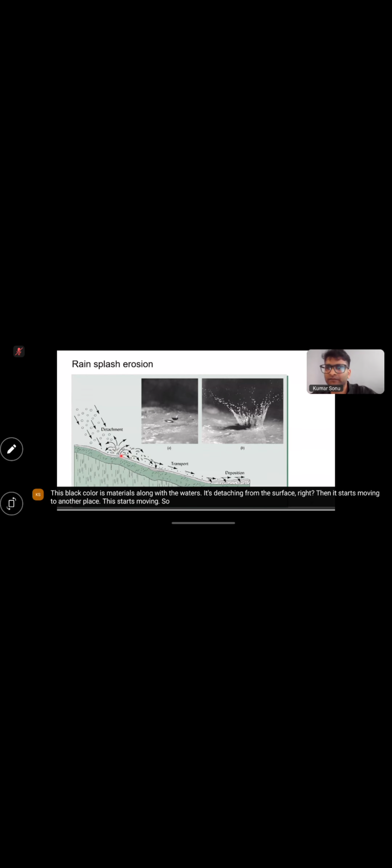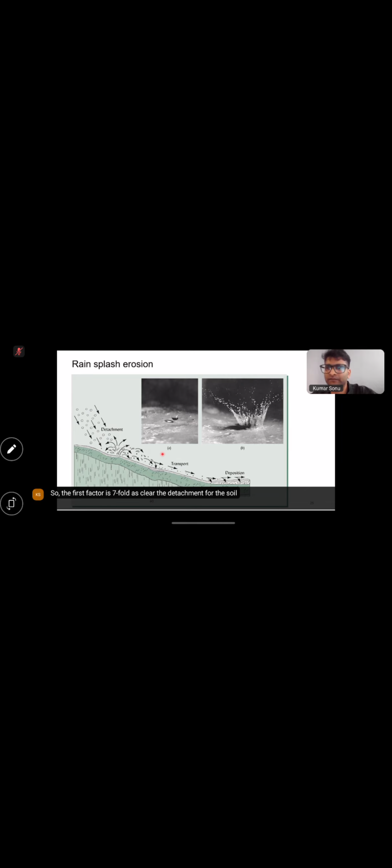Let's focus on the movement from here, and then the material is deposited somewhere else due to the high intensity rainfall. But in some cases, if rainfall is not very heavy, not very intense, it cannot create a detachment process. So the first factor that creates detachment for soil loss is the rainfall itself.